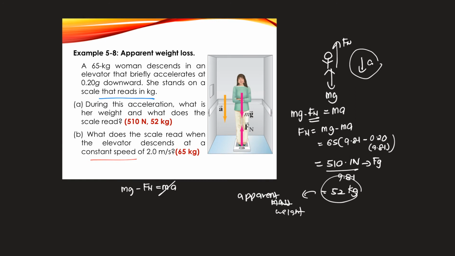Because it's constant speed, this one is going to be 0. So the scale is going to read the same weight, which is the same mass, which is 65 kilogram, or in Newton, 638 Newton. Okay.